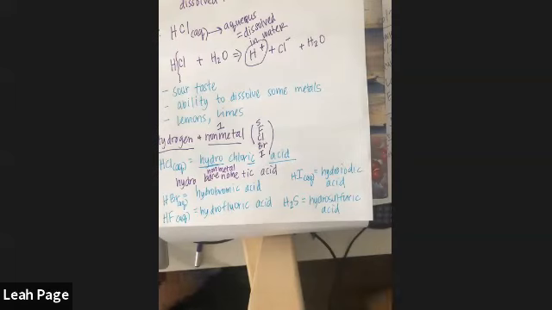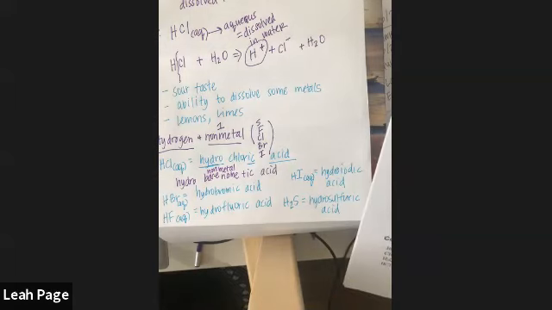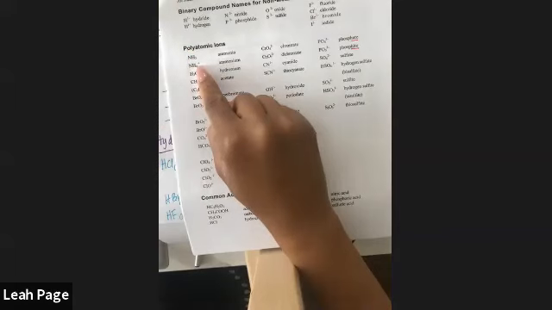If there is ammonia, so it ends with the IA, and if it ends with the IDE, do we use the same rule? Ammonium is not going to bond with another hydrogen because it's going to be two positives. Remember, we still want a positive and a negative, so the hydrogen is only going to look for the negative ones.